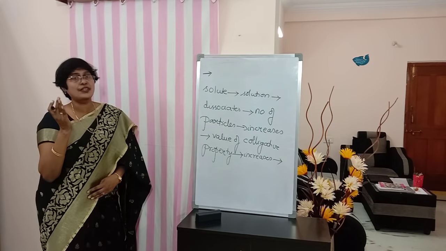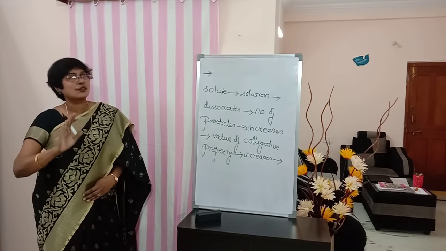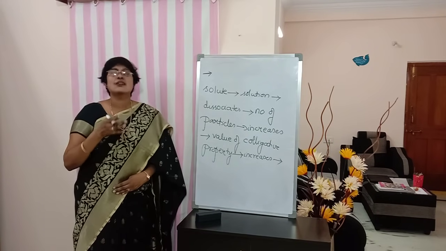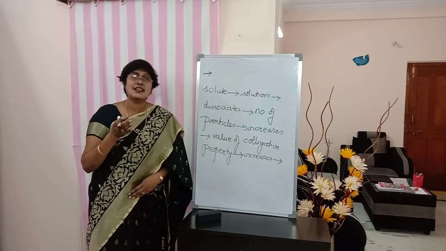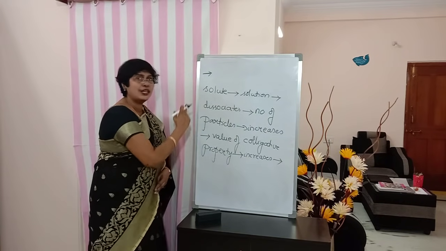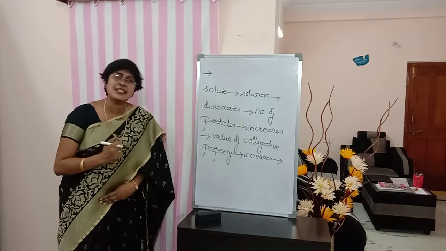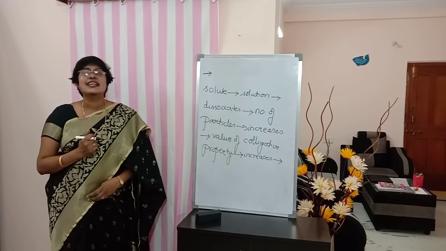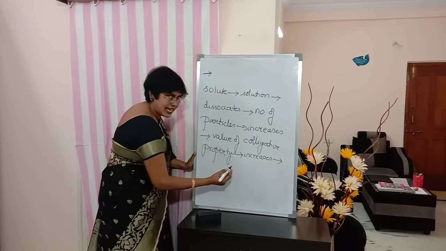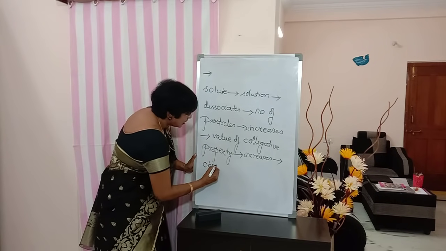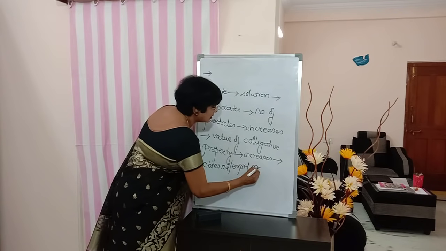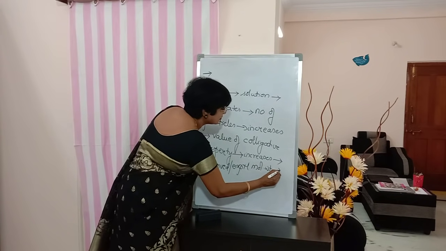Okay, now we are considering the solution. Solute in a solution dissociated, number of particles increased, colligative property value increased. Now if we calculate the molecular weight after doing this experiment, what happens to the observed molecular weight? It automatically decreases. So write down, hence observed or experimental molecular weight.